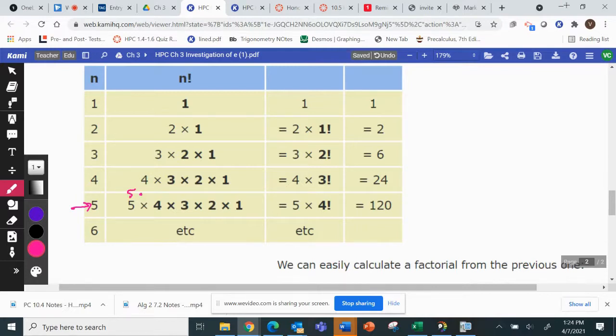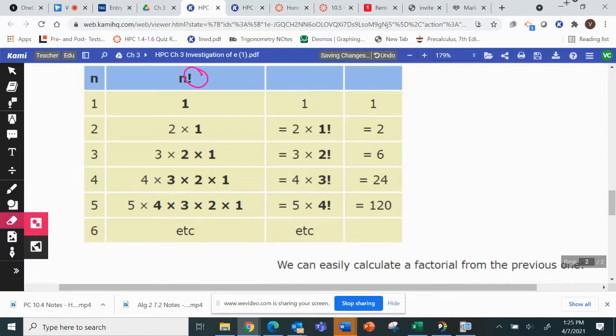So 5 minus 1 is 4. Then we multiply by 2 less than 5, which is 3, then by 3 less, and then by 4 less. So it's basically 5 times 4 times 3 times 2 times 1, and when you get to 1, you stop. Those are factorials. If you see that symbol, it means do that.